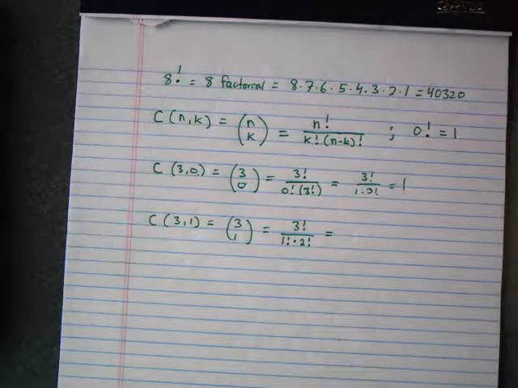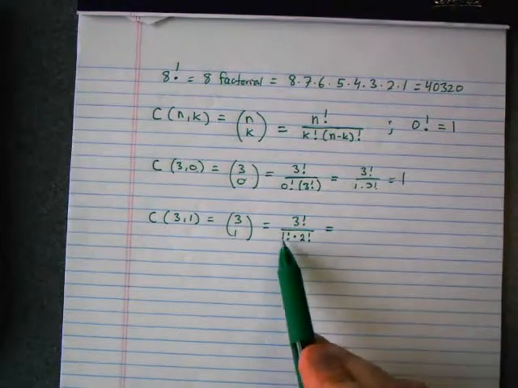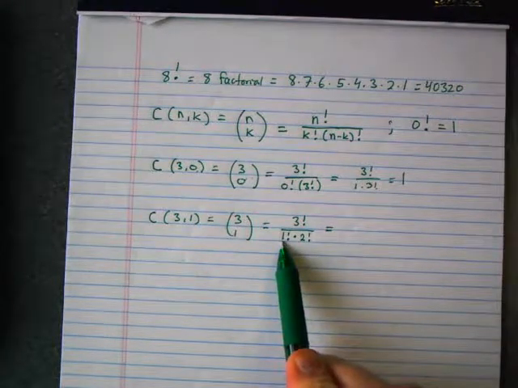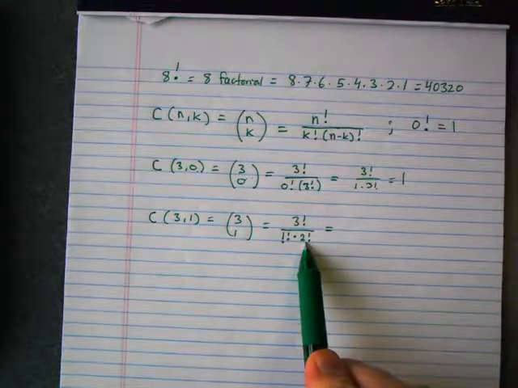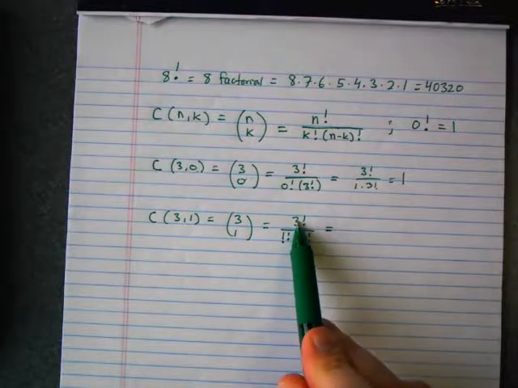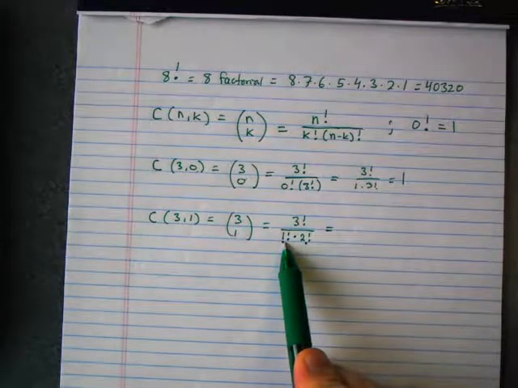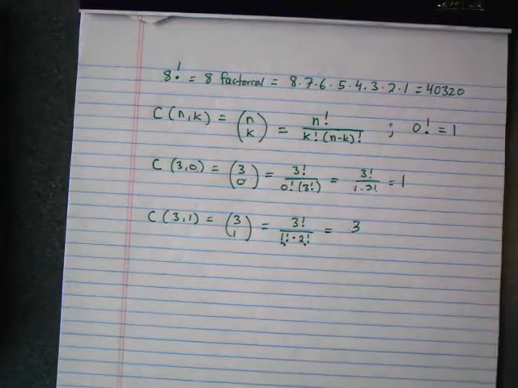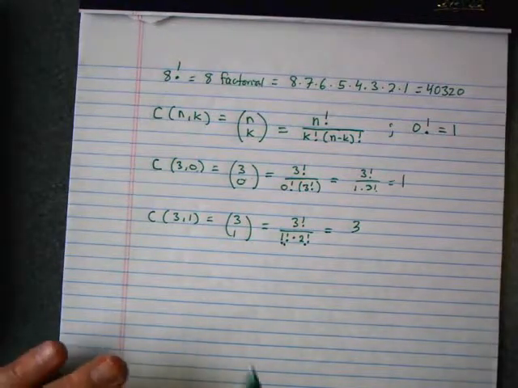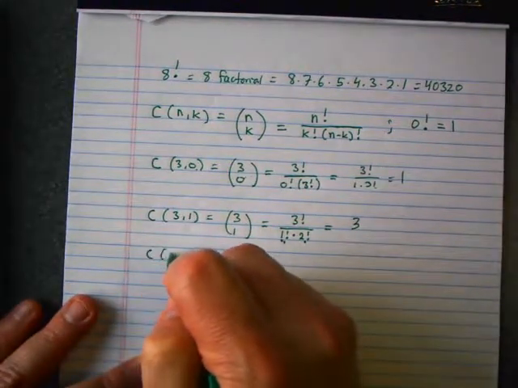A lot of factorials. What's 1 factorial? 1. What's 2 factorial? 2. What's 3 factorial? So this is 6 divided by 2. That's a funny way of saying 3. All right. I'm going to keep going.